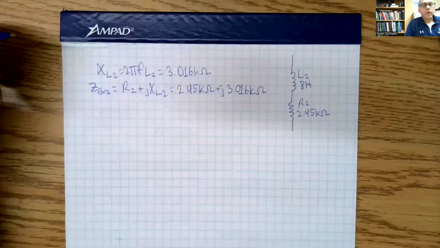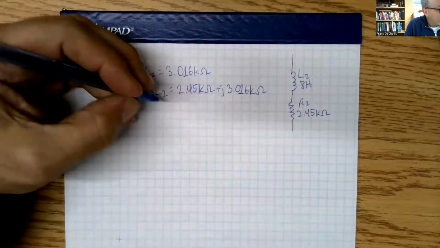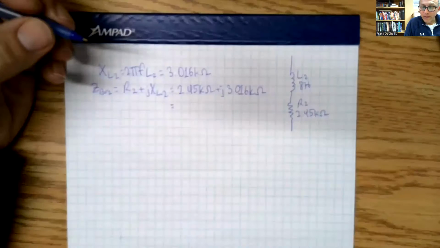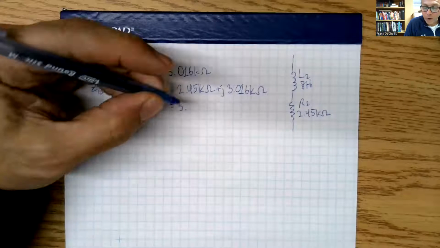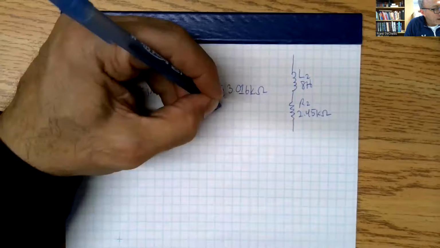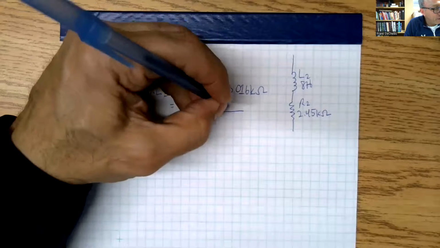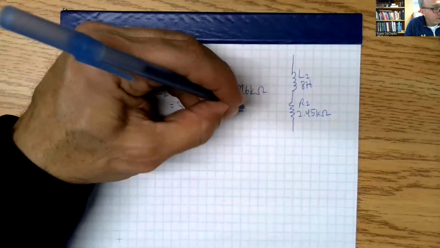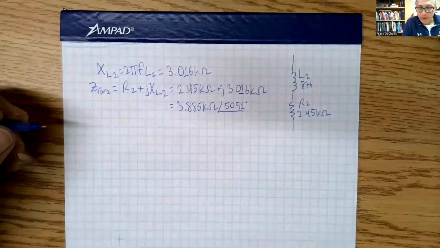And then if we convert that to polar, we have 3.885K at an angle of 50.91 degrees.